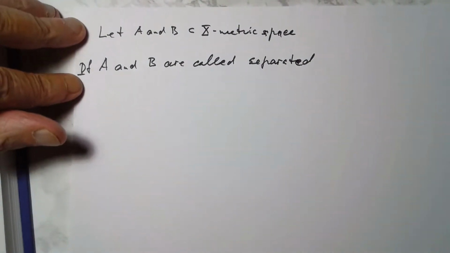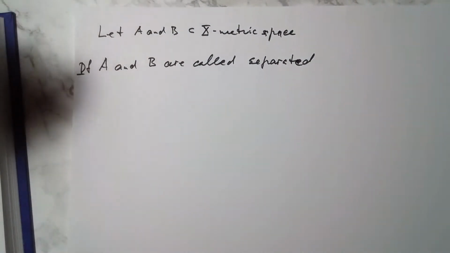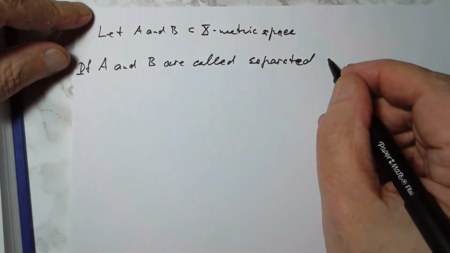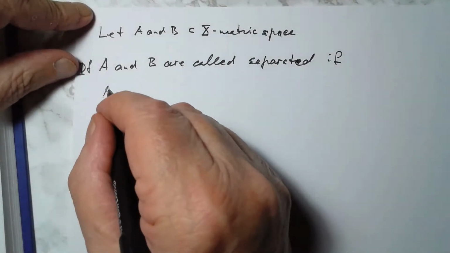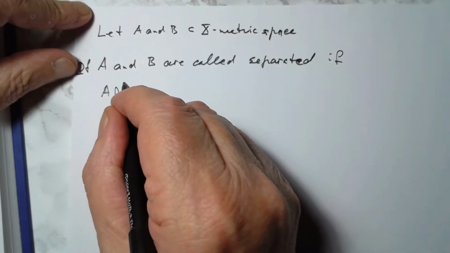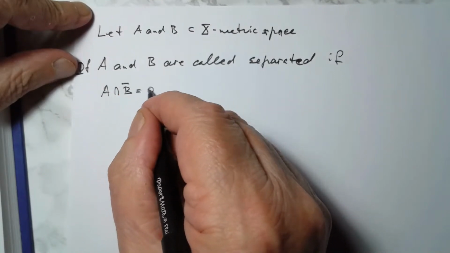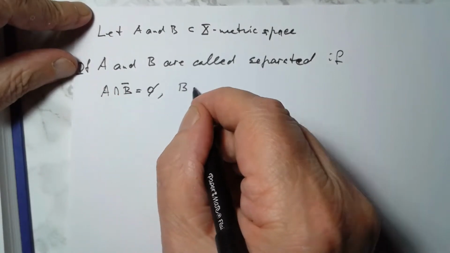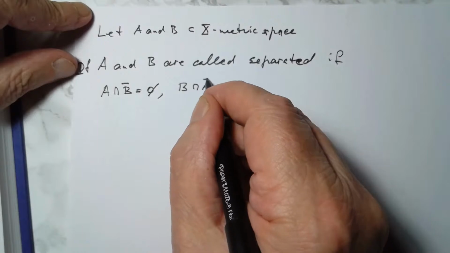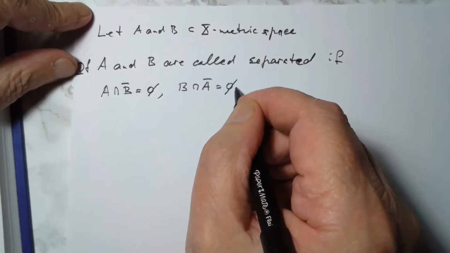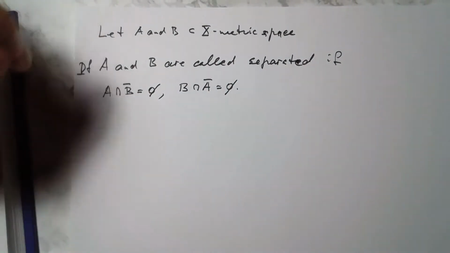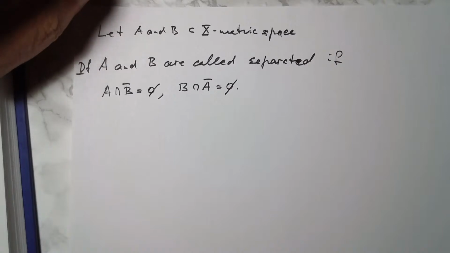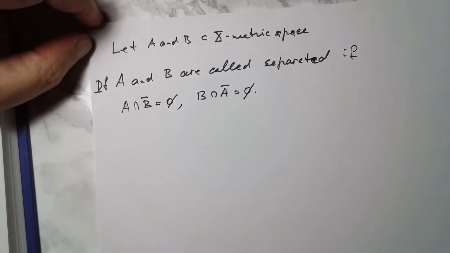So A and B are called separated if they're a little bit more than disjoint: if A intersected with B closure is empty, and B intersected with A closure is also empty. So this is a little bit more than just being disjoint, and this is why it's called separated.